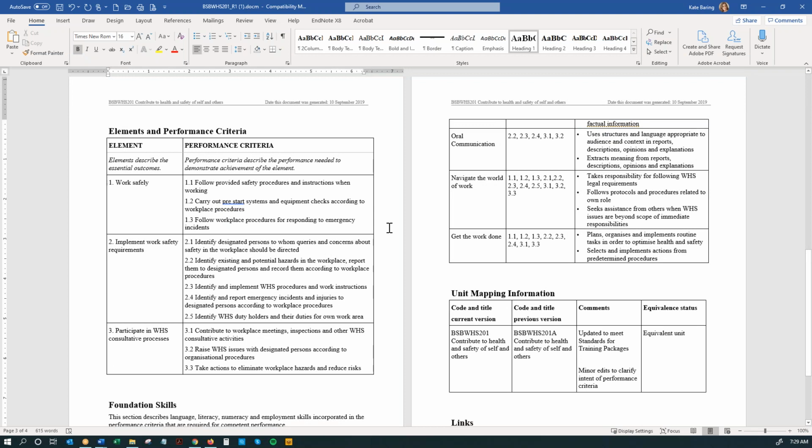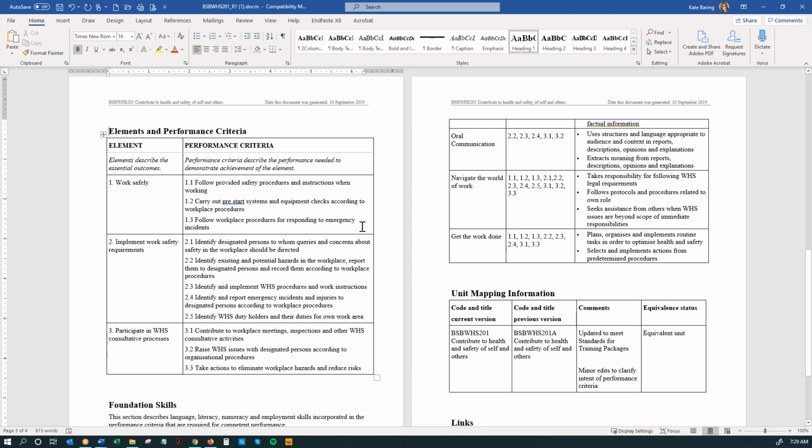So the clue here is that verbs are typically going to be your skills because they're the doing bits. And the other part that sits behind it is the knowledge that you would have to then be able to do the actual task or skill. If we have a look at the first one, for example, it's telling us that you must be able to work safely. You must be able to follow provided safety procedures and instructions when working.